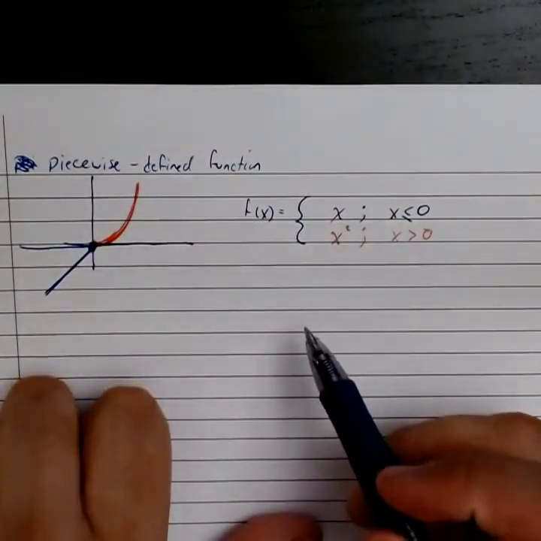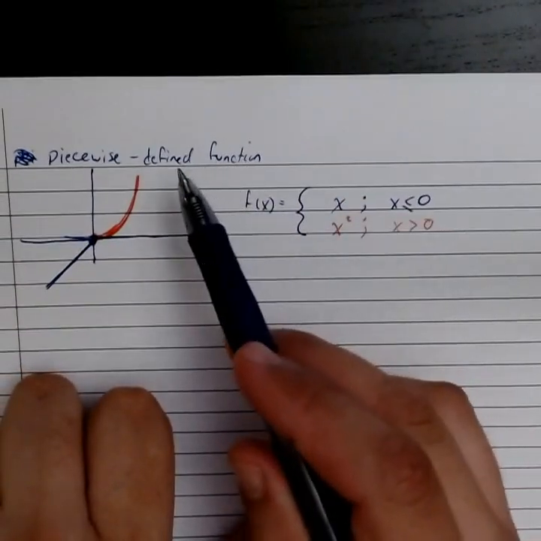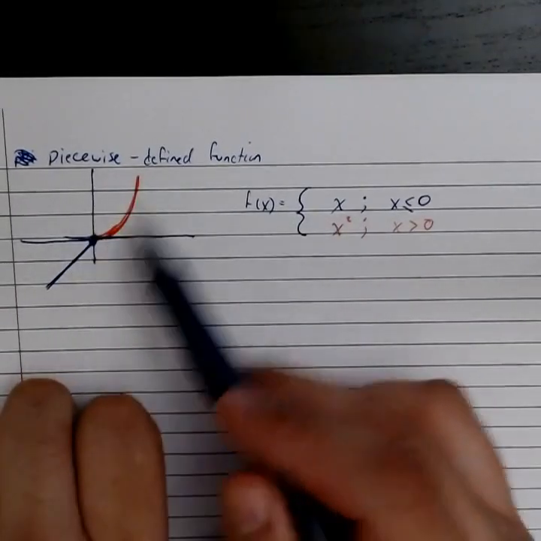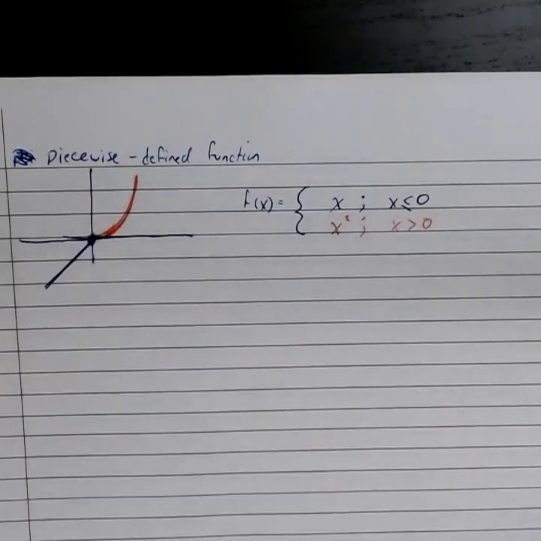And it's called that for, well, a fairly obvious reason. It's a function that's defined, that's described in pieces. Now here's one piece and here's another. So it's a piecewise-defined function. It's a function that's defined in pieces.